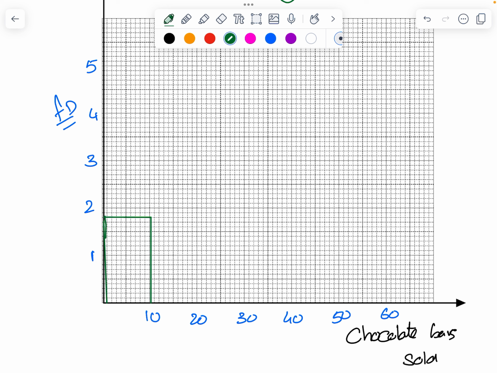Because our black color line was not proper, I will erase this one too. First I'll try to draw the black color line in proper way. Yes, it is passing through our 0.5, then 0.5 should be over there.